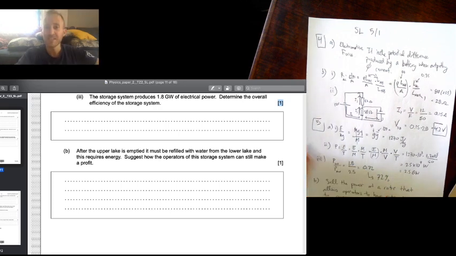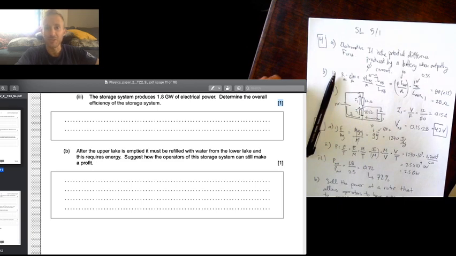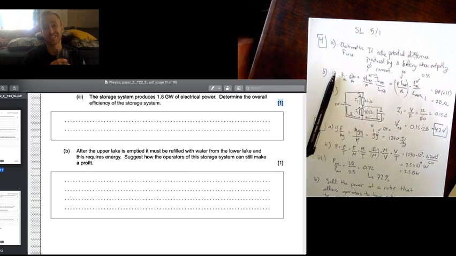I don't know. So basically sell it for double what it costs to produce it so that you can pump it back up. That's my guess.